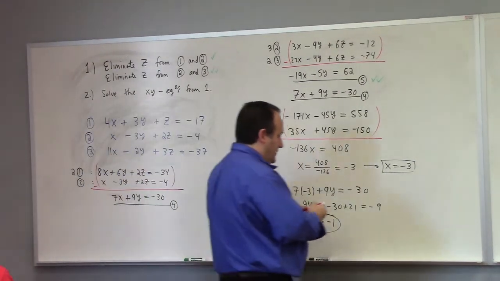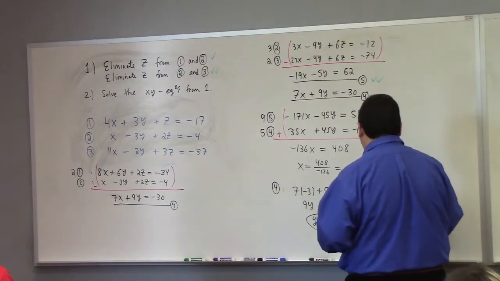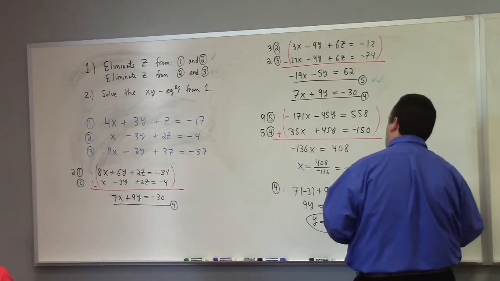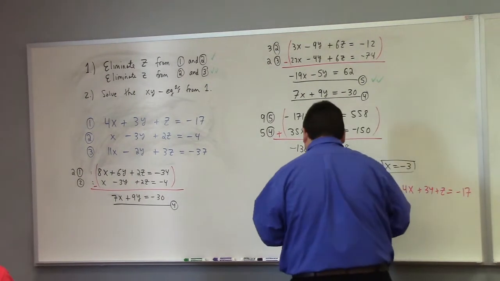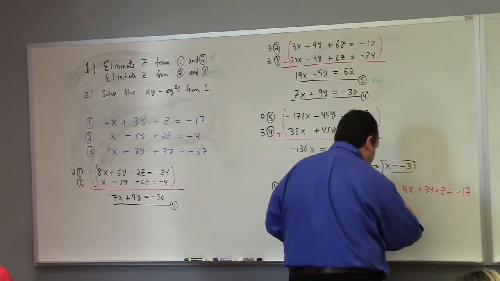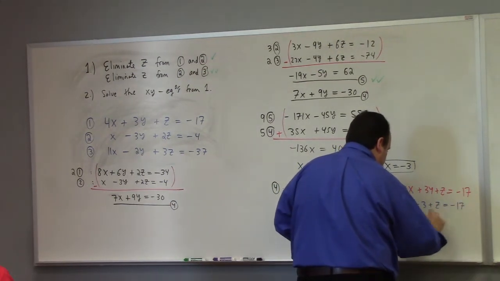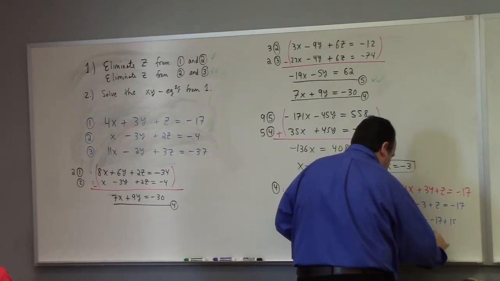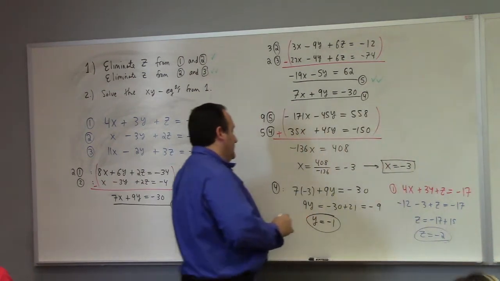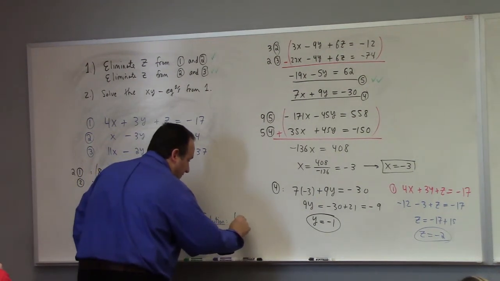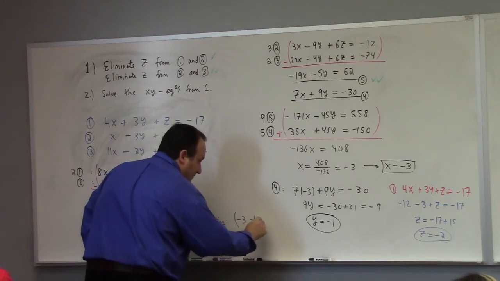So from 1, we've got what? 4x plus 3y plus z equals minus 17, which particularly gives us minus 12 minus 3 plus z equals minus 17, which tells me that z is equal to minus 17 plus 15, which tells me that z is equal to minus 2. So in short, the solution, I'll write over here, what is the solution? The solution is minus 3, minus 1, minus 2.